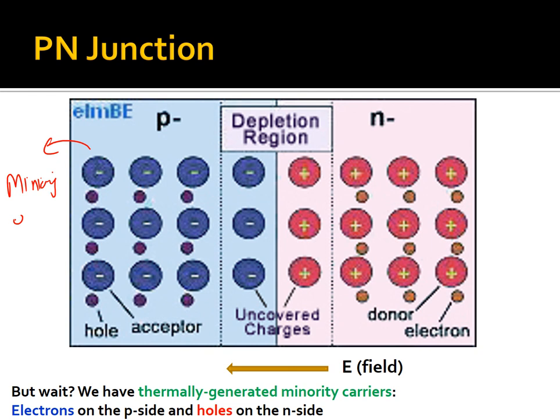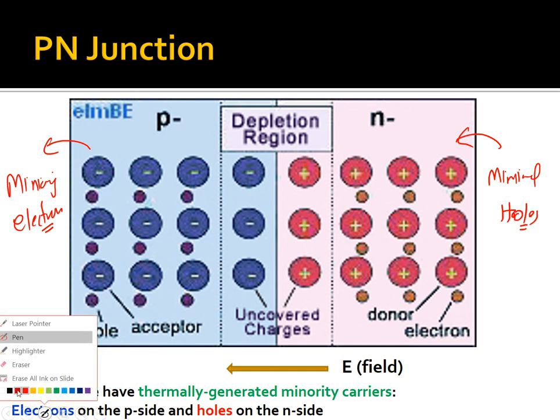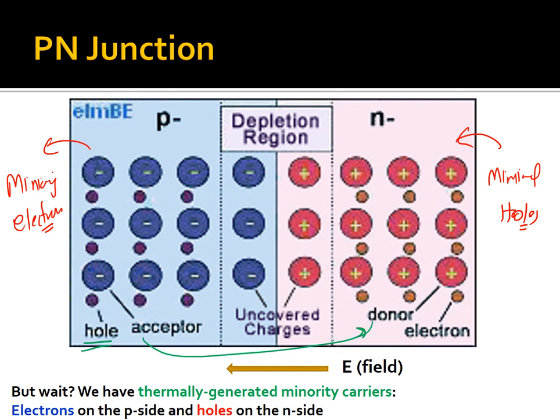The minority carrier in the p type was the electron, and in the n type, the minority carrier was holes. So far we have just discussed the movement of the majority carriers, holes towards this side and electrons towards this side, and we got the diffusion current.